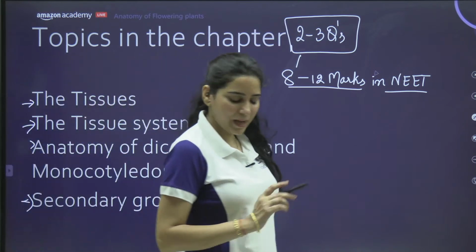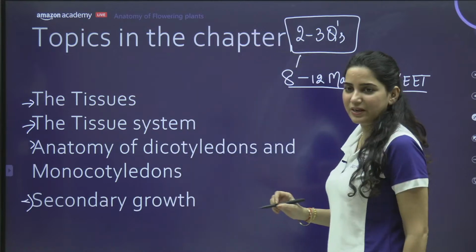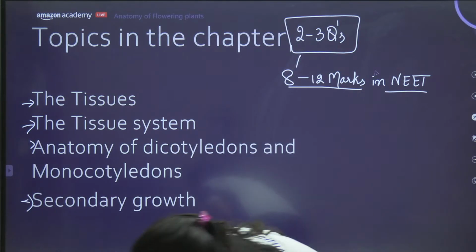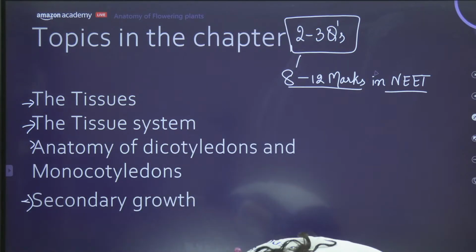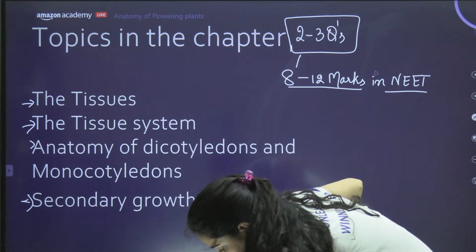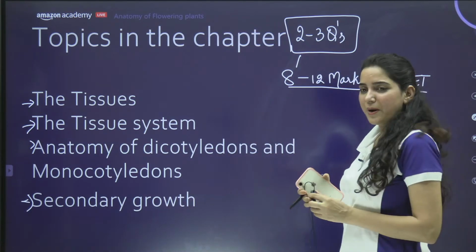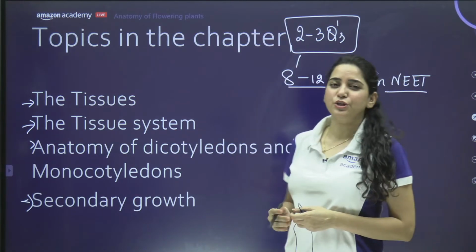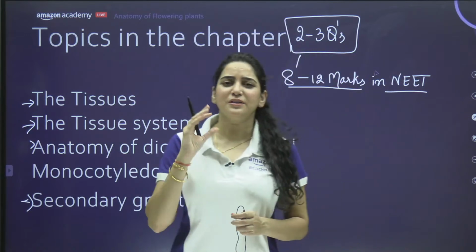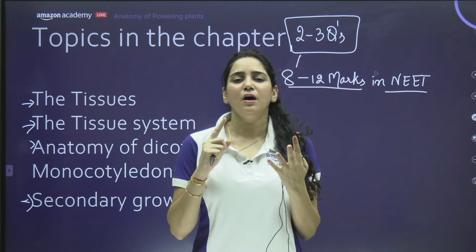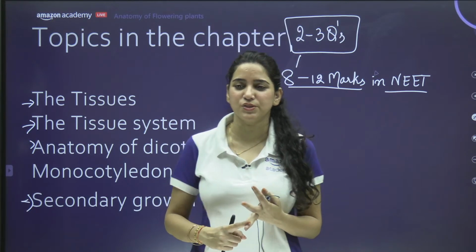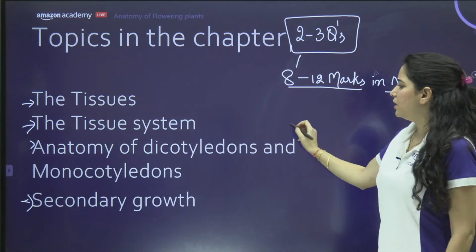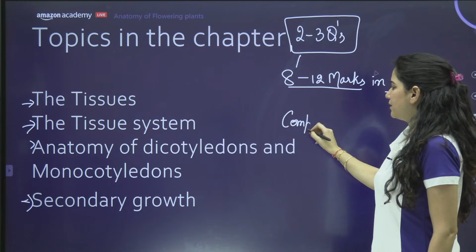फिर मैं बता देती हूँ इसमें आपको किस टॉपिक पे ज्यादा अच्छे से ध्यान देना. बेटा व्हेन यू स्टडी टिश्यू सिस्टम, so when you talk about tissue system, I suggest कि आप जितने भी आपका ग्राउंड टिश्यू सिस्टम है, वैस्कुलर टिश्यू सिस्टम है, एपिडर्मल टिश्यू सिस्टम है, इसको आप कलेक्टिवली तो लेके ही चले, and always try to learn these in a comparative way.